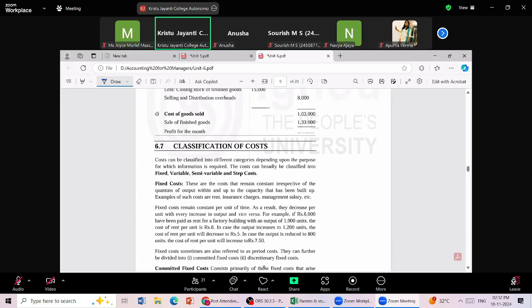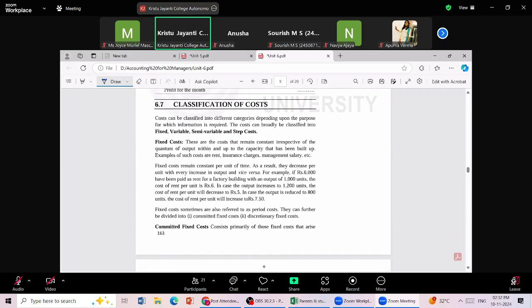Okay. So there are different categories of cost. Costs are classified as fixed, variable and semi-variable. Fixed cost means the cost remains fixed over a period of time. Whether production happens or no production happens, the fixed cost remains stable.